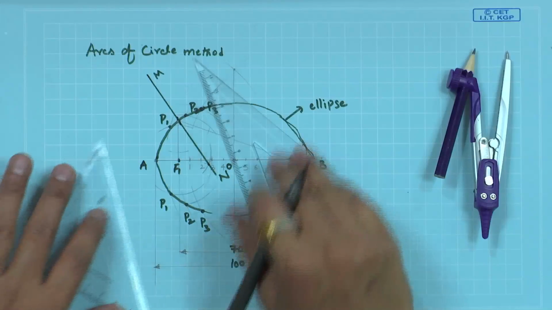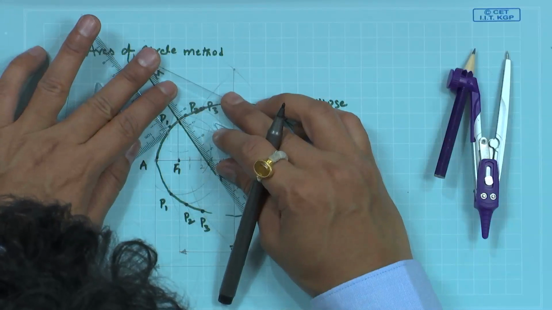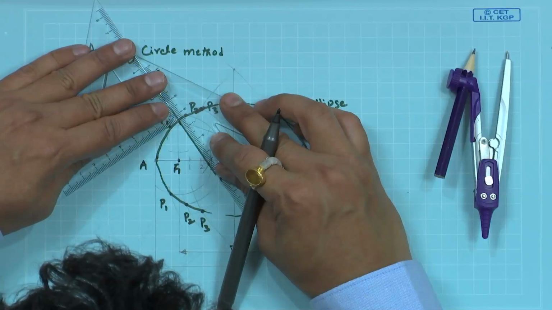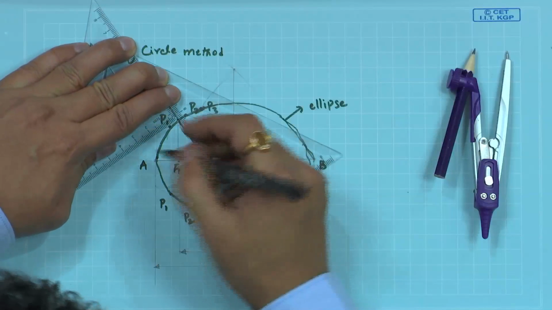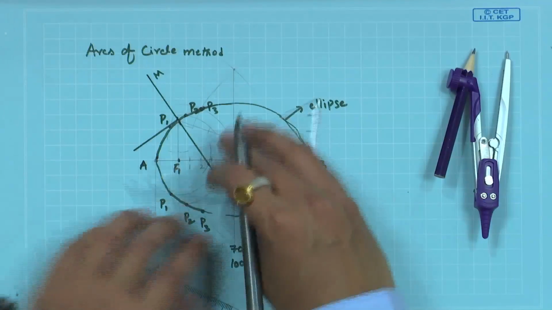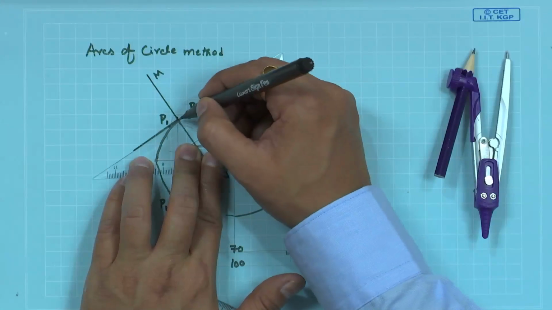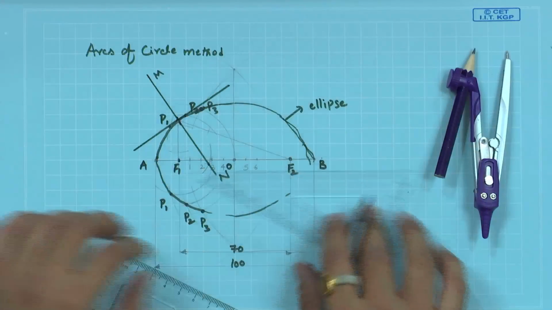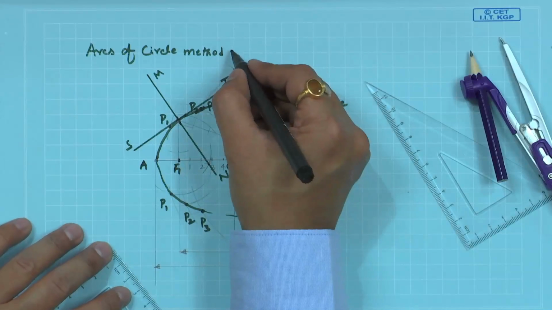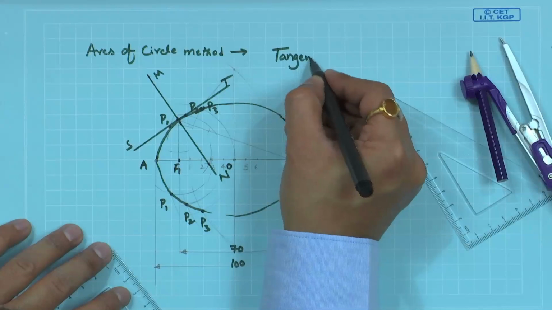So, we can use a set of squares, such squares we can use, align that, or perhaps your drafter is the best way to construct these perpendicular lines, and extend this line. So, we have this tangent ST. With the arc of circle method, we have learned how to construct both tangent and normal.